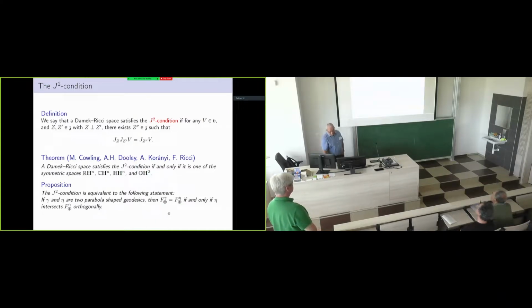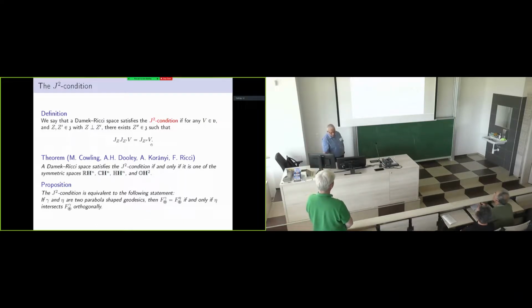Whether it is true or not depends on the so-called J-squared condition, which was introduced by Cowling, Dooley, Korányi, and Ricci. We say that the Damek-Ricci space satisfies the J-squared condition if for any two perpendicular elements of Z and any element of V, we can find a third element of Z for which this equation is fulfilled.